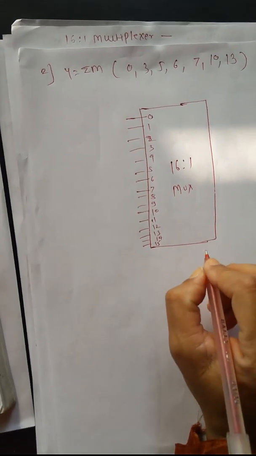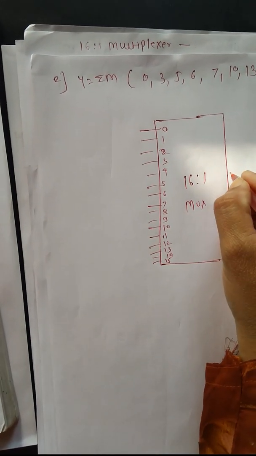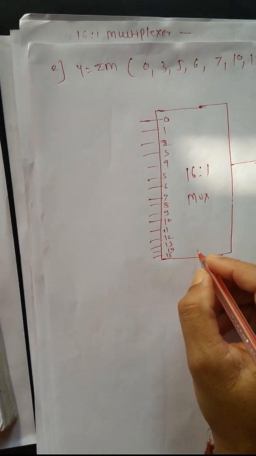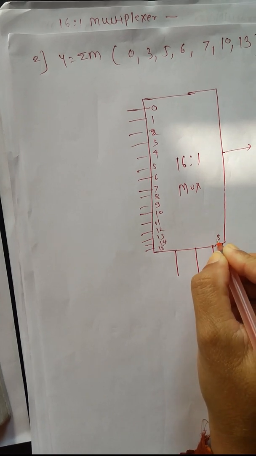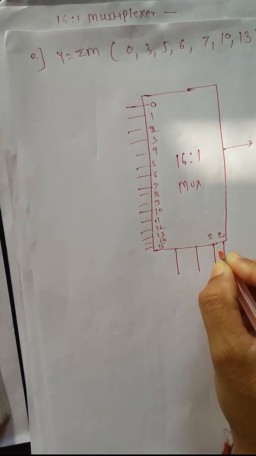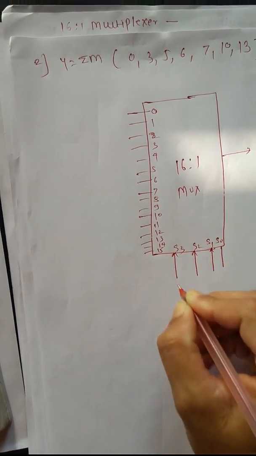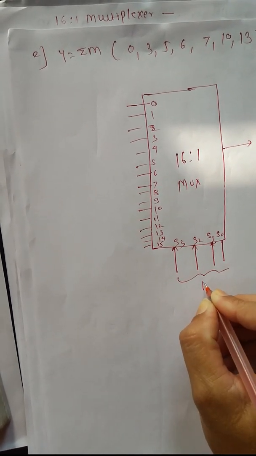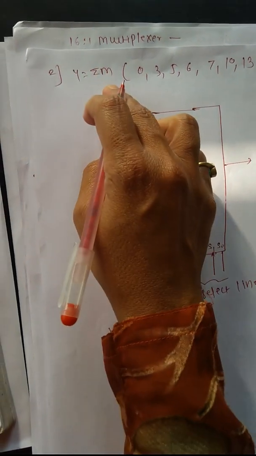These are the data inputs for the 16:1 multiplexer. 1 Y output, and select lines S0, S1, S2, S3, 4 select lines are required, and here only values are given.